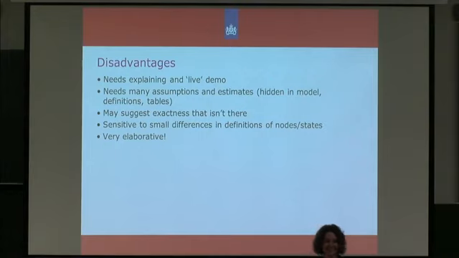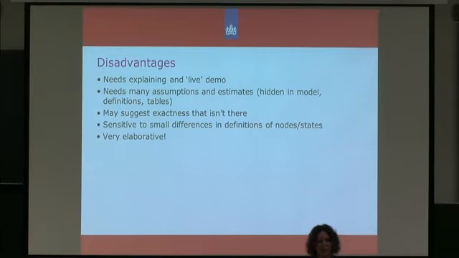Also, there are disadvantages, I think. If you show a Bayesian network in court, it would need a lot of explaining and live demos, and it needs many assumptions and estimates, and some of them are sort of hidden in the model and definitions and tables. It may suggest an exactness to some people that isn't there, or some causal structure or whatever.